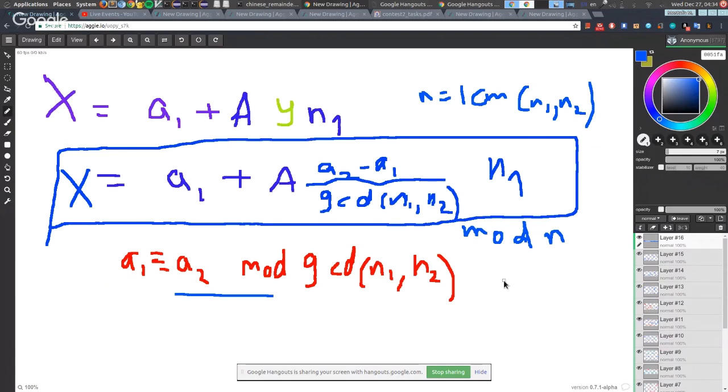So this is an extension to solve more equations, only if they could be solved in the first place. If they can't be solved, then we will just record that, but otherwise we'll solve them and we'll get the answer.